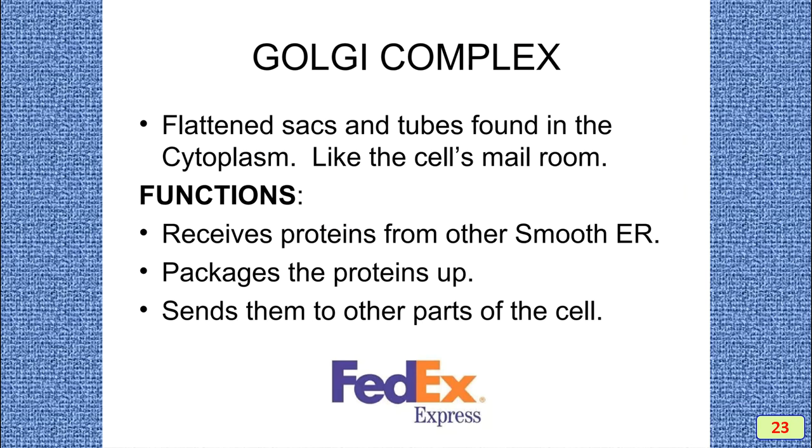Then the Golgi apparatus is made of flattened sacs and tubes found in the cytoplasm. These are like the cell's mail route, the Golgi complex. They receive proteins from the endoplasmic reticulum, then pack them, and act as intermediary stations and send them to the other parts of the cell where they are required.